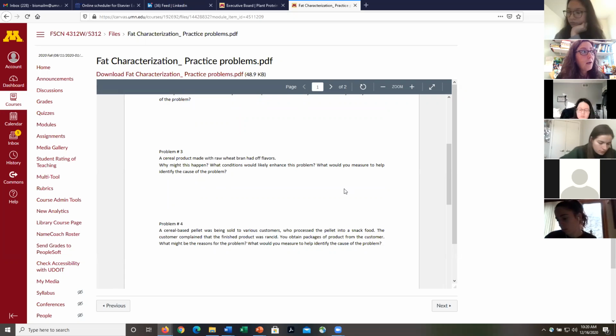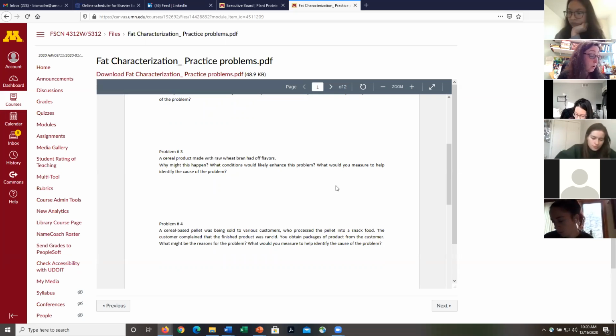So you have a lot of those enzymes there. And if you have high bran and germ and they are not preheated, then you have lipase that could lead to hydrolysis of the fat, and you have lipoxygenase that could lead to oxidation of that hydrolyzed fat.